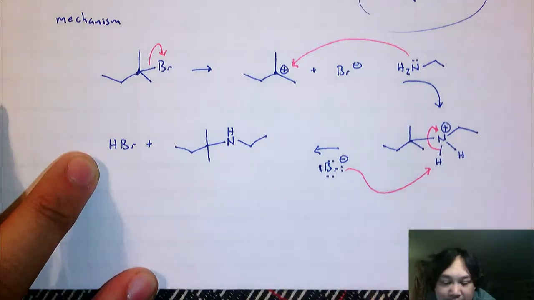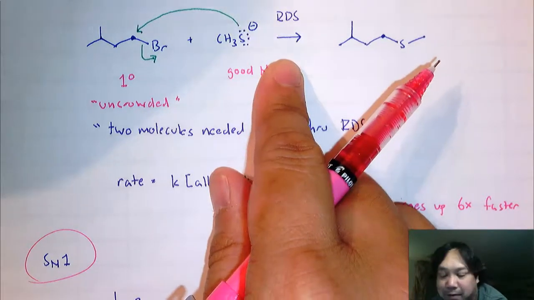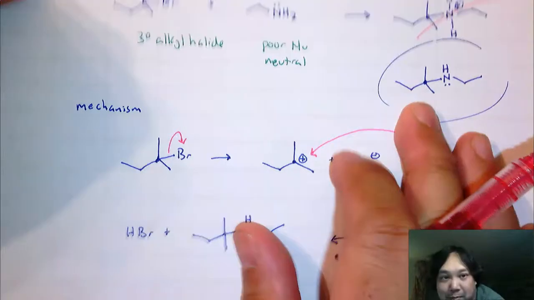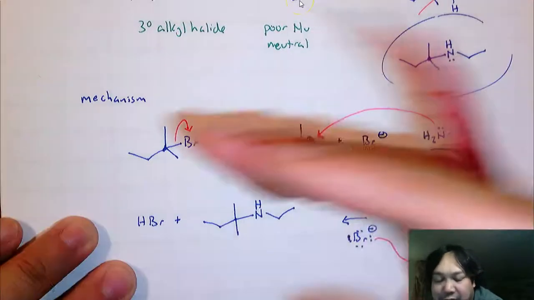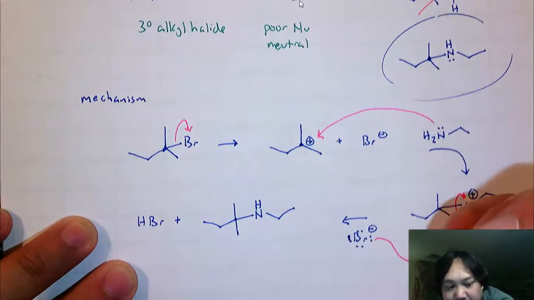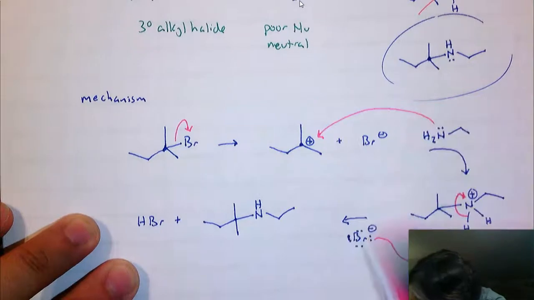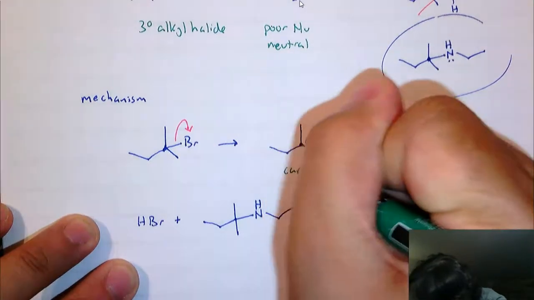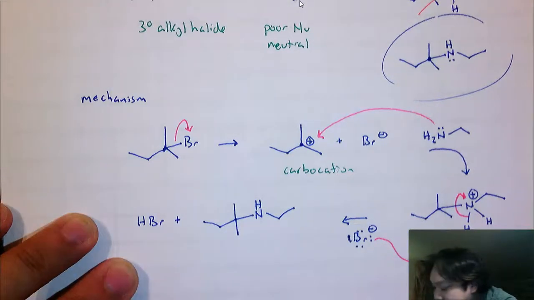Already you could contrast it with SN2 because look, SN2 has no carbocation. No carbocation. SN1 has carbocation. So there's one huge differentiator. SN1 reactions go through a carbocation. Okay. Now, the RDS is this one.